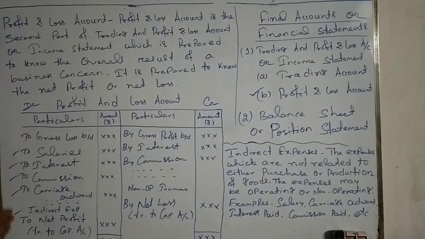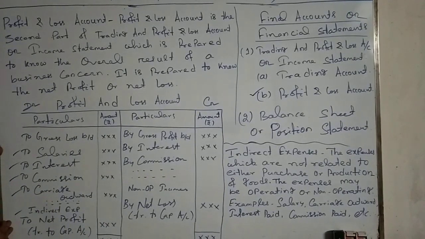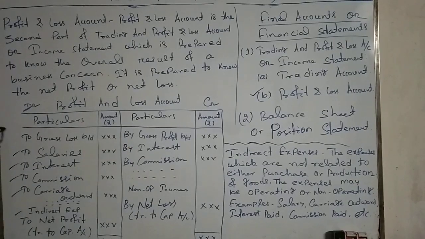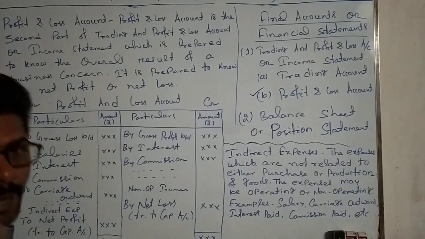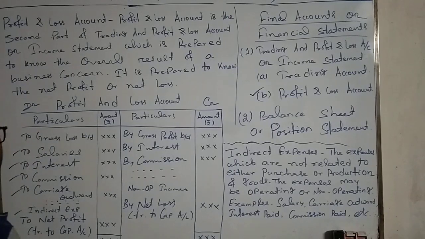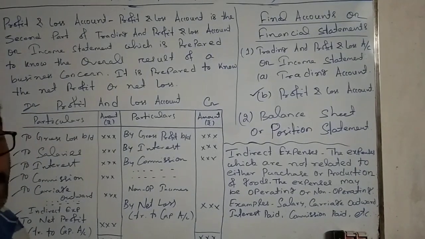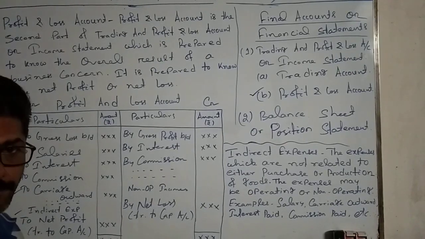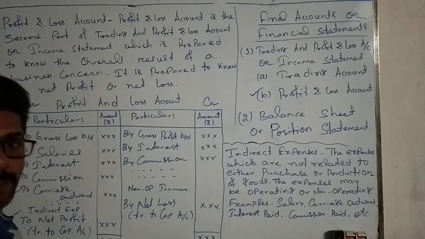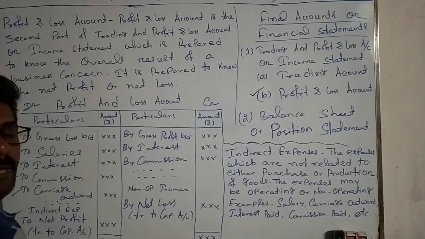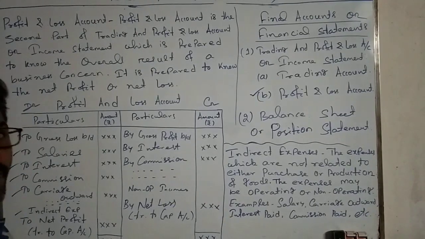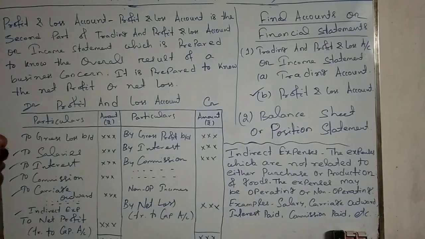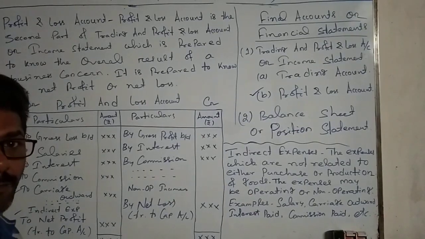All the indirect expenses will be put on the debit side, and all the incomes on the credit side. Only one operating income was put in the trading account on the credit side, that was sales. Your business operation is related with sales. Selling goods is your business operation. So whatever income comes from the sale of goods is operating income, and you have shown it on the credit side of the trading account.